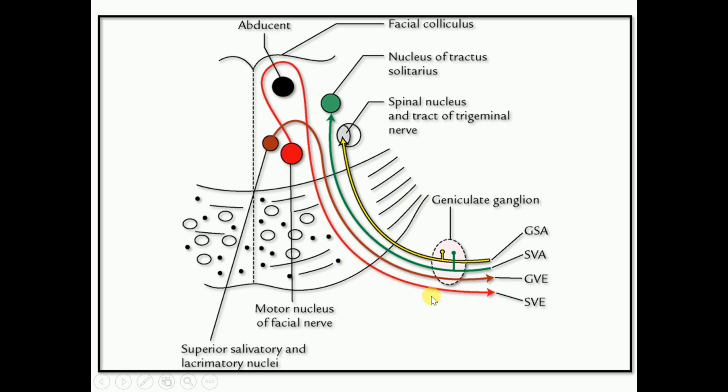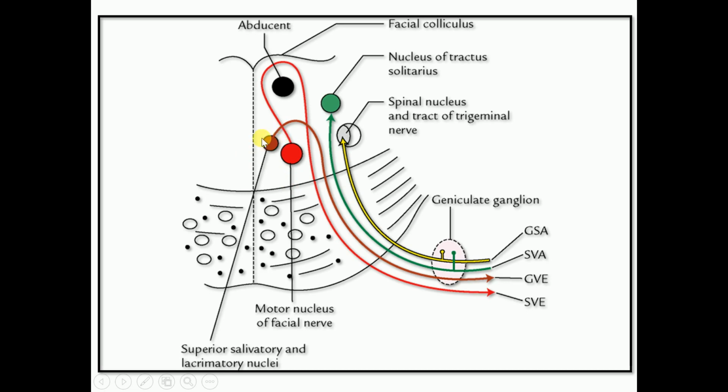So these fibers arise from the motor nucleus of the facial nerve, the special visceral efferent fibers, and that lies in the pons and supplies the muscles of facial expression. Then second is the general visceral efferent fiber. So that arises dorsolateral to the motor nucleus of the facial nerve.